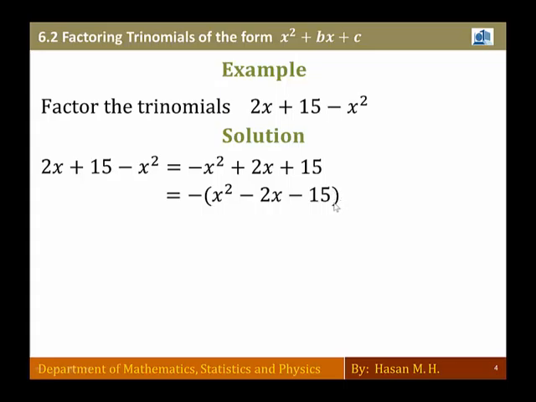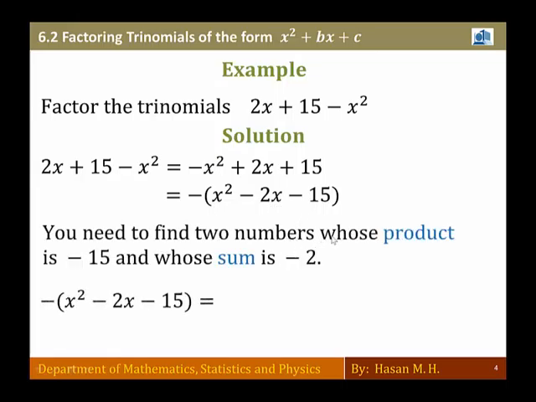Now we are going to factor the trinomial that's inside the parentheses. You need to find two numbers whose product is negative 15 and whose sum is negative 2. The two numbers are 3 and negative 5.